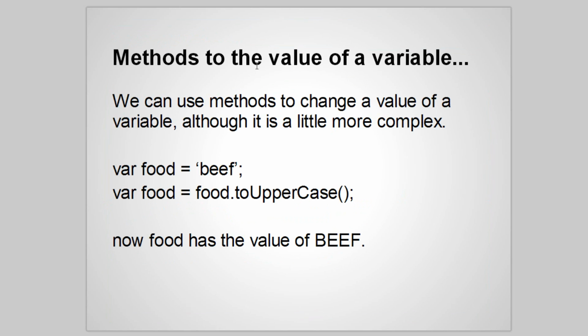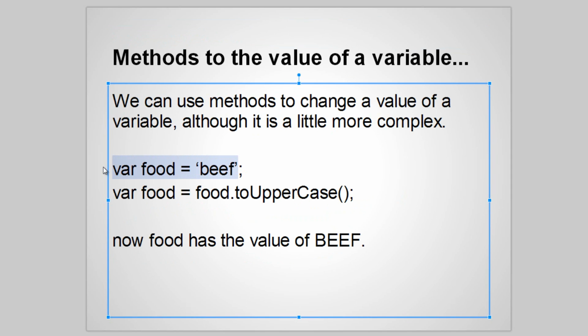We can also change the original value using a method, but it's a little more complex. Basically we assign a value to a variable, food, and then we can reassign food to food.toUpperCase(). So this right here is going to give us BEEF in all capital letters, of course, and then that's going to assign it back to the original variable.